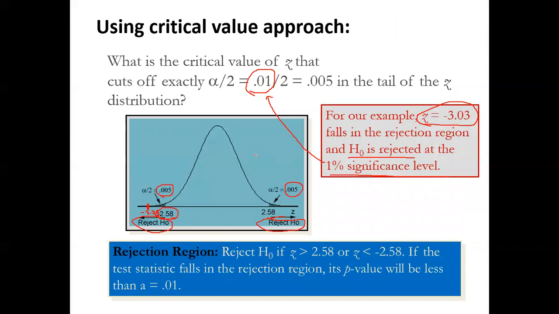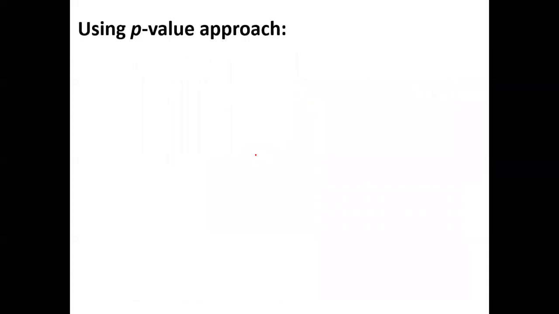So if we are going to use the critical value approach, we can also use the p-value approach. How do we use the p-value approach to see whether our test statistic is in the rejection region or in the non-rejection region?